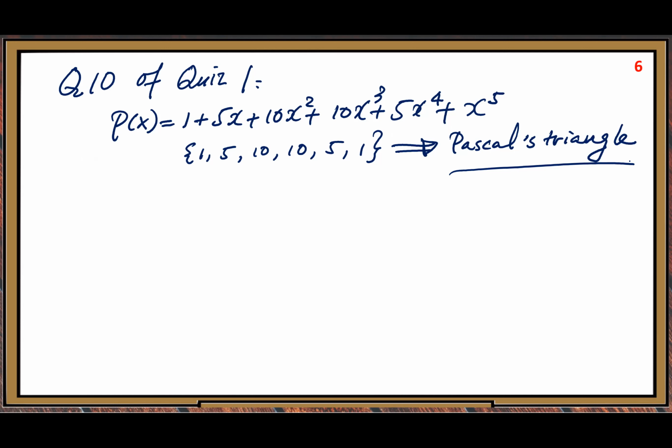After you can connect to it, the second piece, so this is the first piece, okay? The second piece, the binomial formula, because Pascal's triangle is related to the binomial formula.